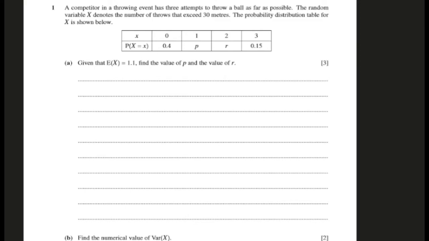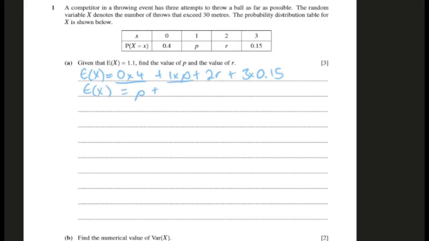So we can say that our expectation of x is equal to 0 times 0.4 plus 1 times p plus 2 times r plus 3 times 0.15. And this is 0 times 0.4 is 0, 1 times p is p, plus 2r plus 3 times 0.15, that's 0.45.